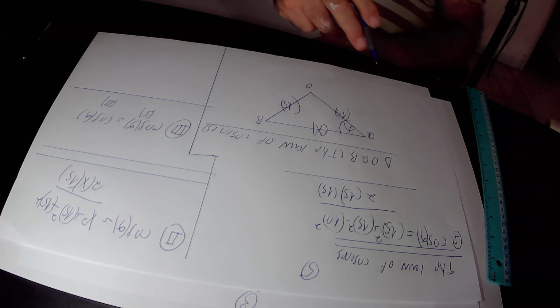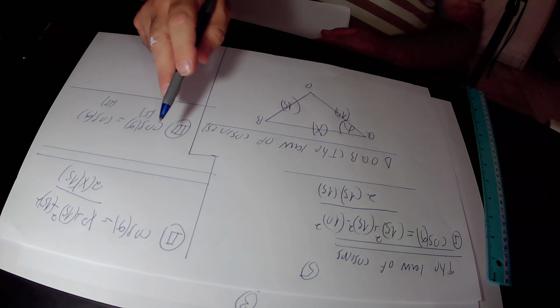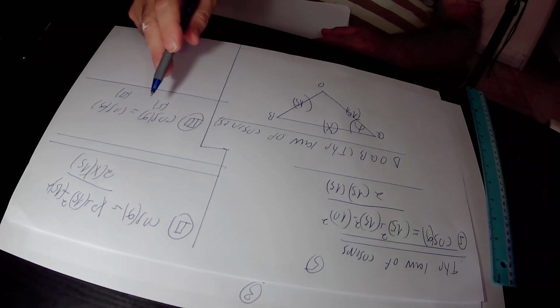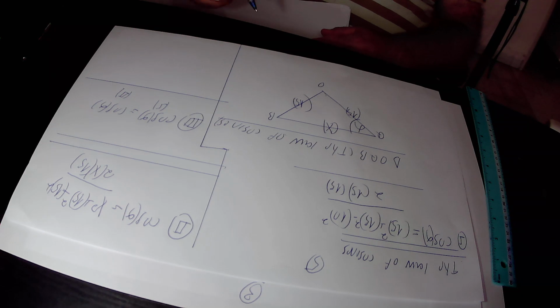And cosine alpha according to equation 2 is equal to x squared plus 15 squared minus 15 squared divided by 2 times x times 15.